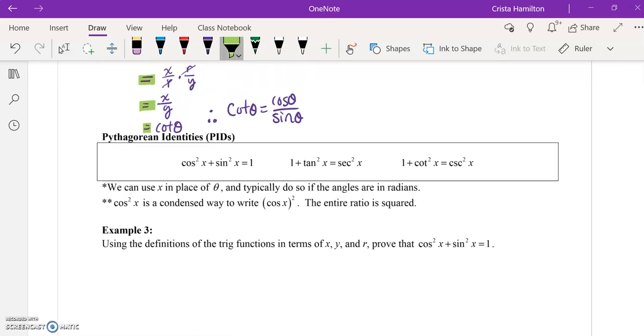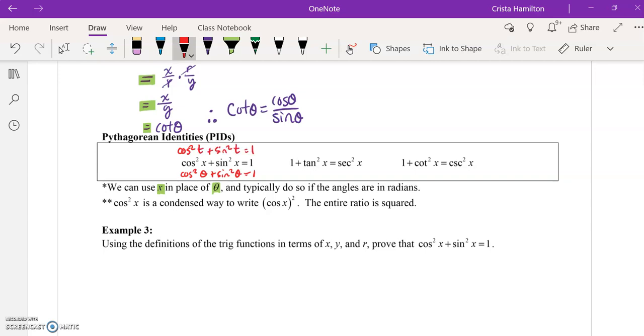Another thing about identities is that it doesn't matter what variable you are using. You can do any identity with any variable that you want. So this identity, once we know it's true, is also true if there was a theta there. It's also true if there was a t there, and so on.